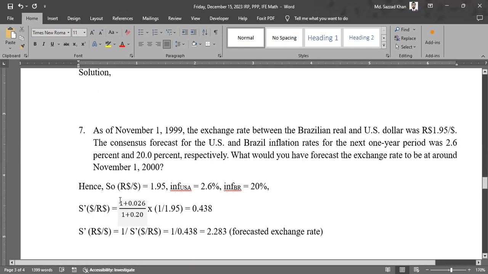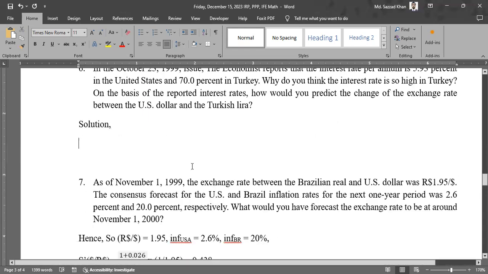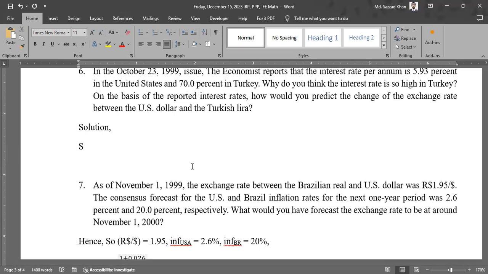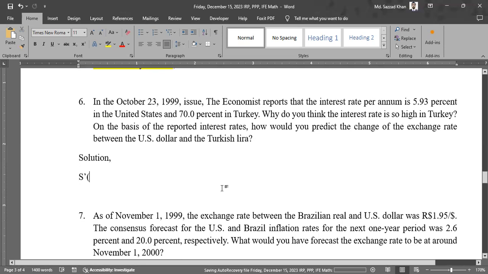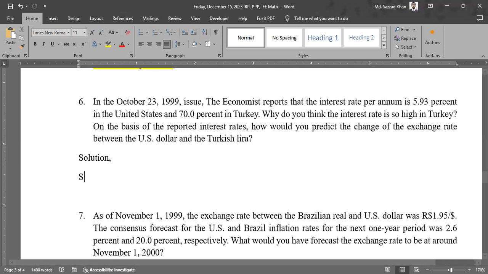Now we will do the shortcut, okay? So spot rate. Directly we'll do the spot rate. Because we do not know the spot rate here, we will not write a spot rate. We'll write P. P equals minus 1.